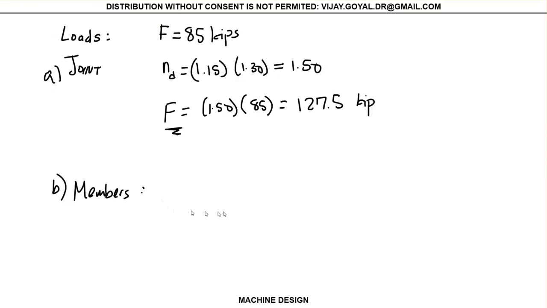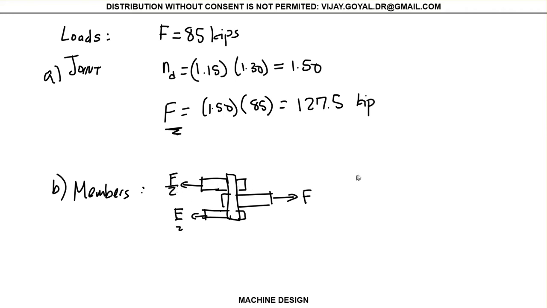If I drew this, it will look something like this. You've got your bolt, and this has been applied. Then you have this applied. You've got a load there and another load there. So what you're going to have here is F over 2, F over 2, and this is F.